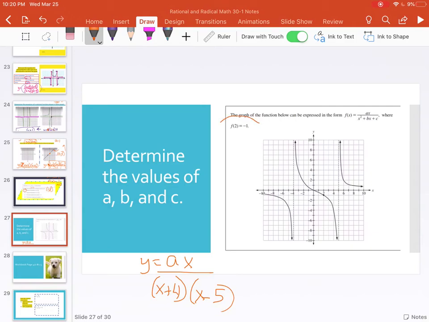So they did give us a point on the graph, and we're going to use that point on the graph to help us find the a value, just like we did with polynomial functions. So we're going to substitute it in.